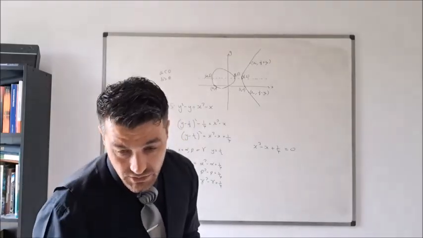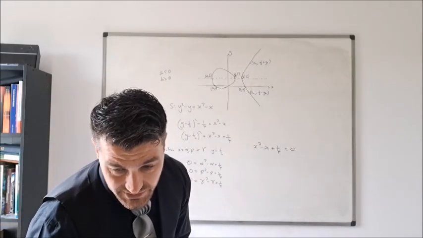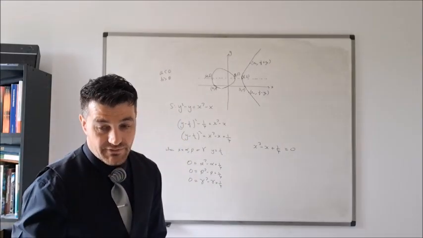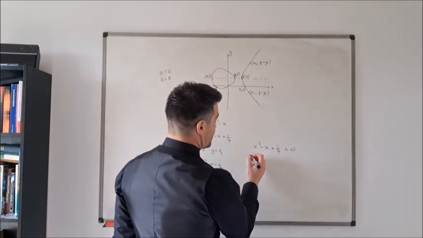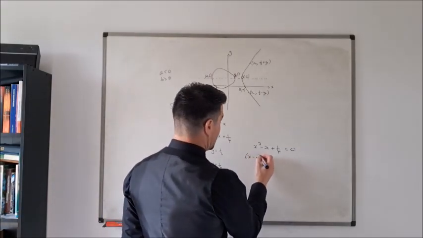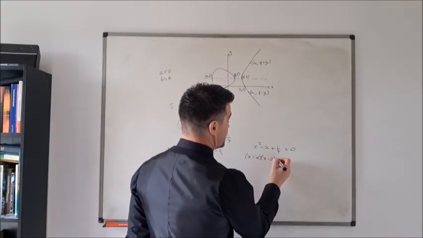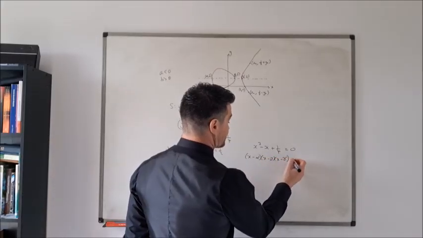Then, by considering the factorization of this cubic, find the value of alpha plus beta plus gamma. The factorization of this cubic is going to be (x minus alpha)(x minus beta)(x minus gamma).